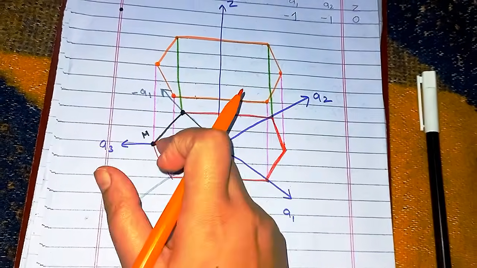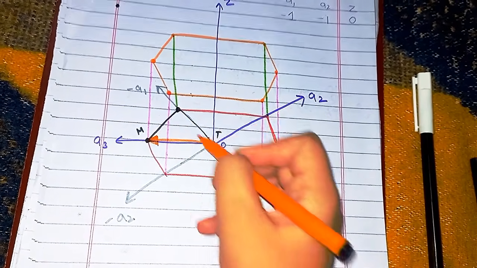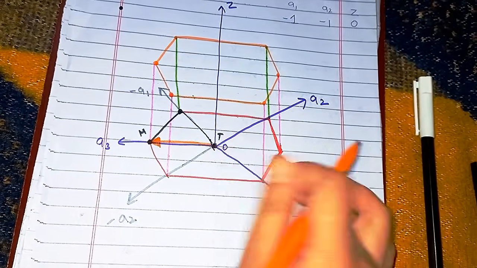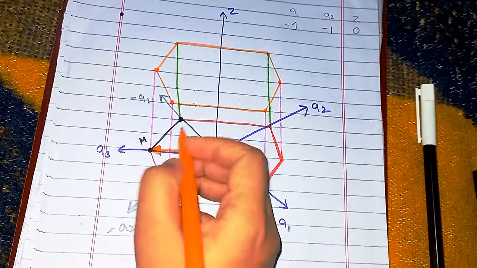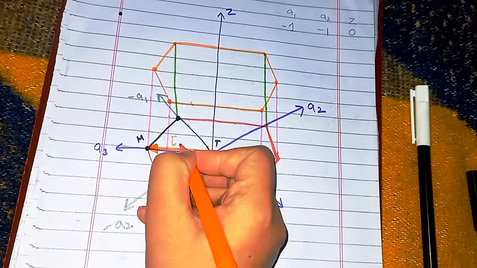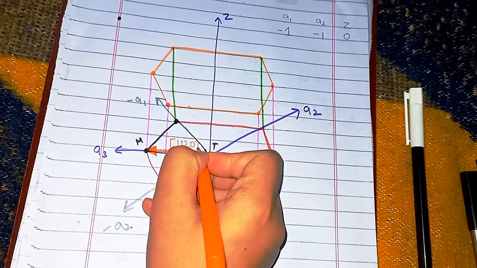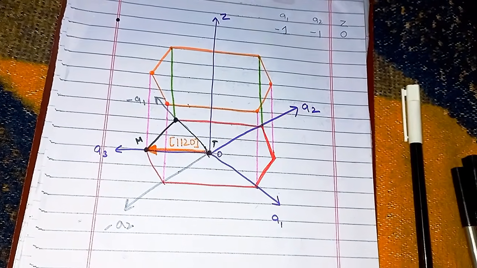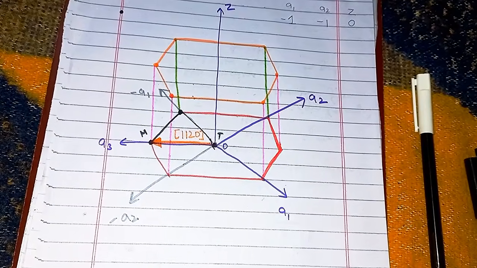So you don't need to draw these opaque lines. It was just to show the trajectory, and this is the 1120 direction in HCP.